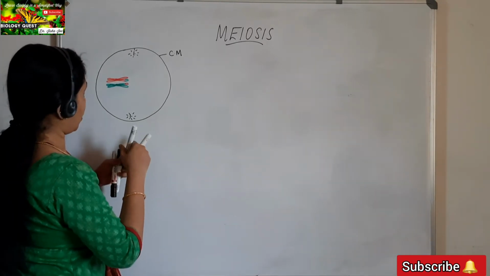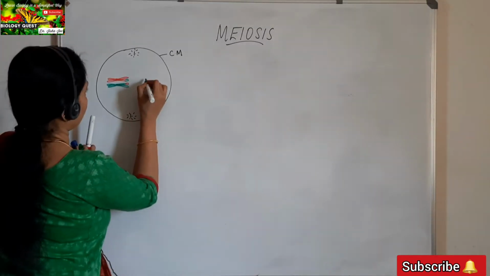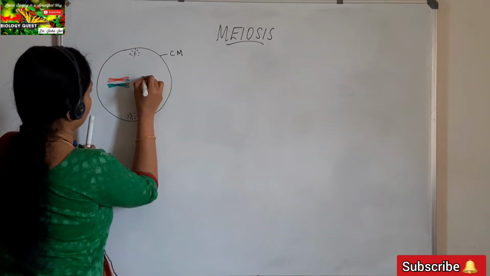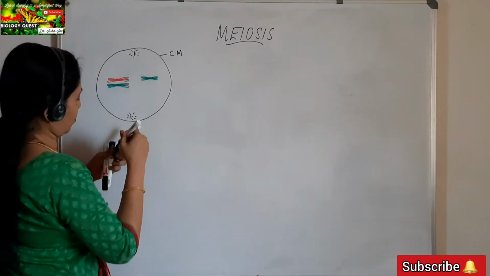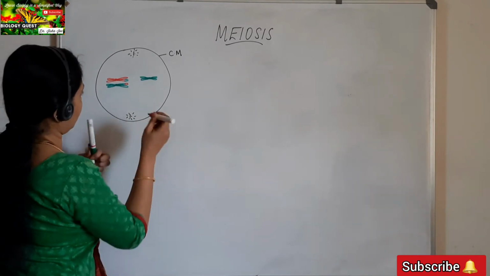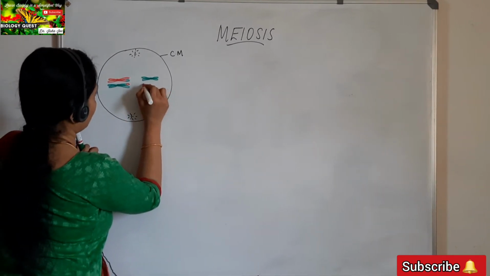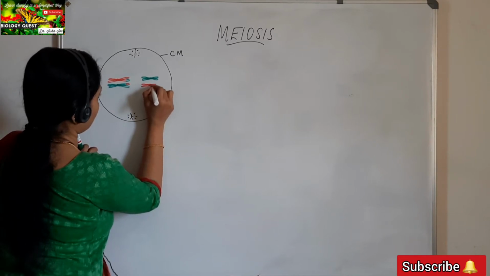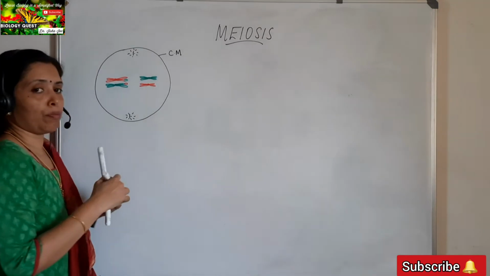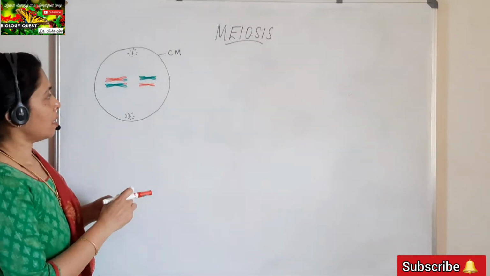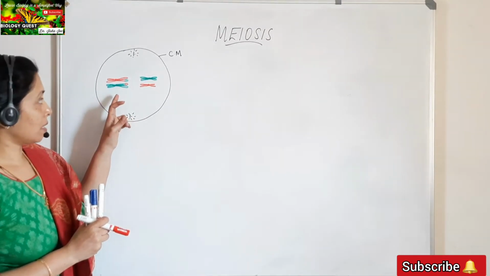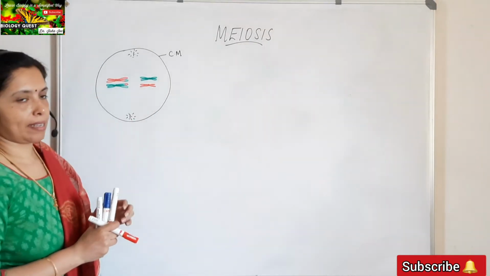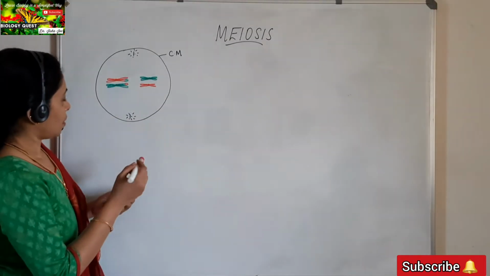The second pair I am drawing. We didn't show any recombination in the second pair of chromosomes. Each chromosome will have two arms, which are the chromatids. But in the first pair, in the last class, if you look at the video, we have shown the recombination. That is why I have drawn it like that.